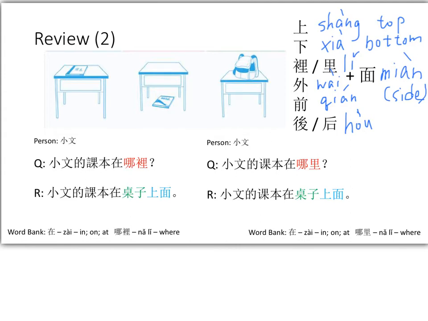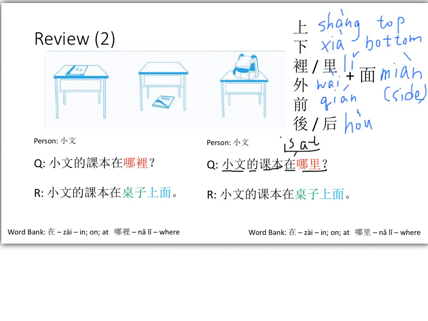In this dialogue, we want to ask where Xiaowen's textbook is. So we said, 小文的课本在哪里? To translate this sentence word for word is 小文的课本 textbook is at where? Now notice I use 在 for is at together.